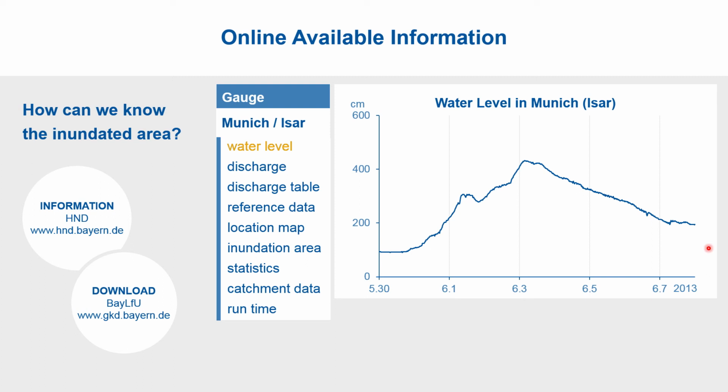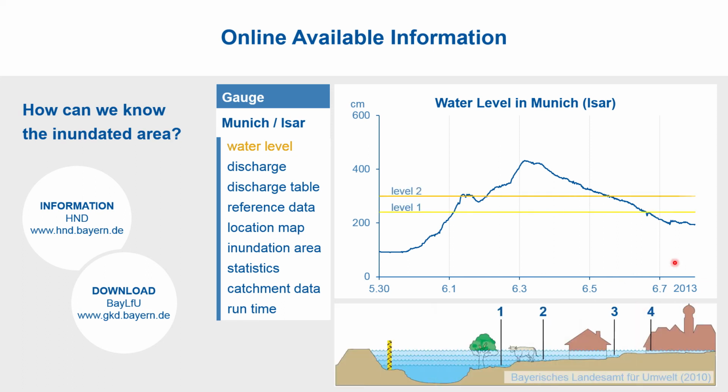Here we see a flood wave which occurred in 2013. This was the June flood 2013, and we had several water levels here, not the highest one. These levels 1, 2, 3, 4 are alert levels, and you can see what this means. The first one is not very dangerous. It's only that the foreland is inundated. That's not a problem.